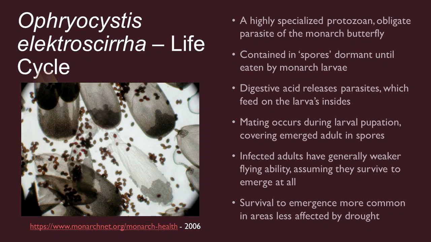Now, this is a highly specialized protozoan obligate parasite that infects the monarch butterfly. They're contained in these spores, and they're not actually, from a biological perspective, spores, but they're most often referred to as spores, that remain dormant until a monarch larva ingests it along with some milkweed.